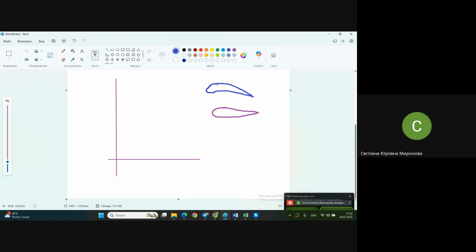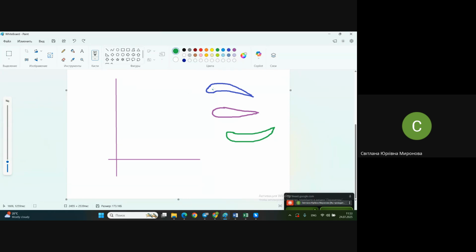And imagine the same airfoil, but rotated like this. By the way, it's not a joke. Such airfoils exist, and they exist simultaneously in the airplane, this one and that one. We will talk about that next time, and you will understand what it's for.